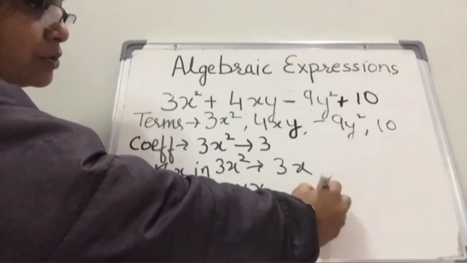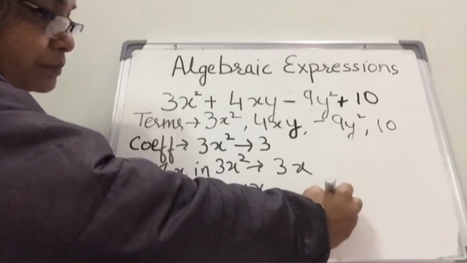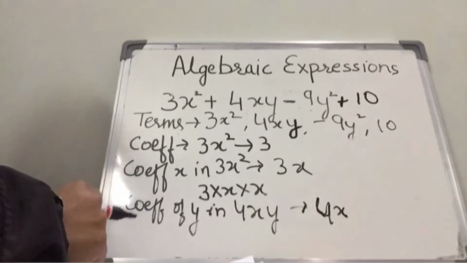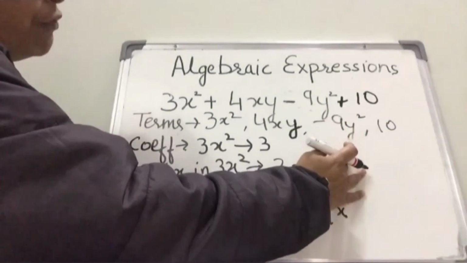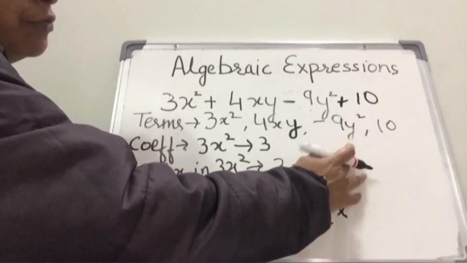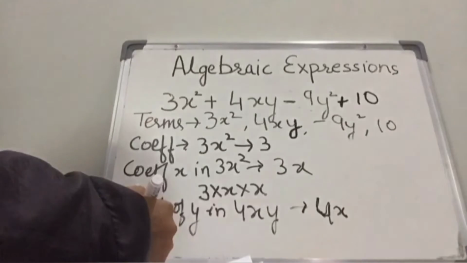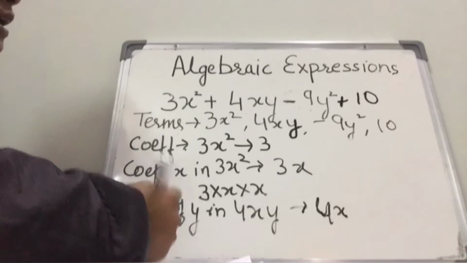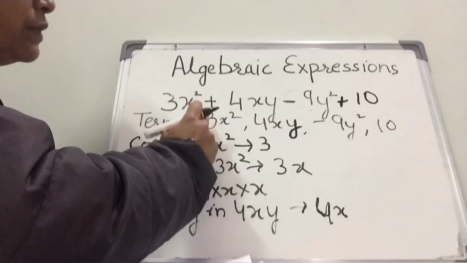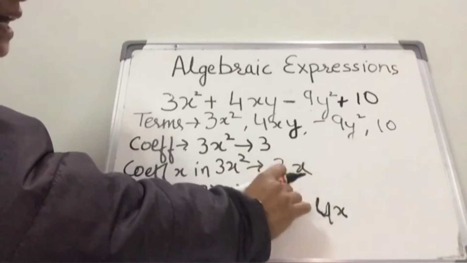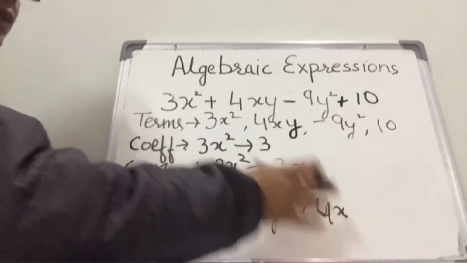So that will be 4x. Okay. Similarly, in this term, the coefficient of y will be −9y. And if we want to find the coefficient of y², that will be −9. In this, the coefficient of x² will be 3. So we'll remove the factor whose coefficient we have to find.